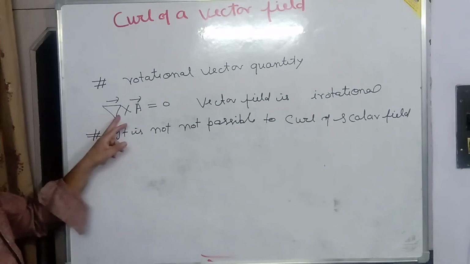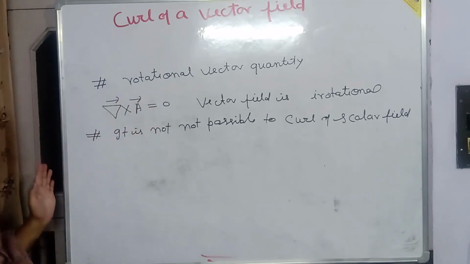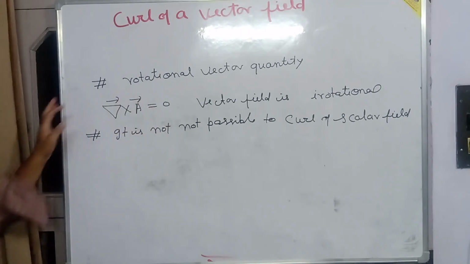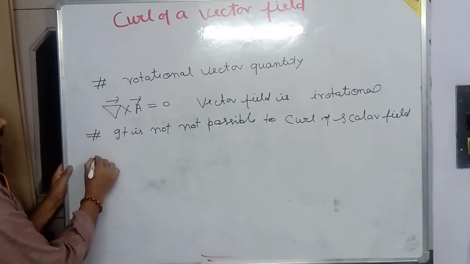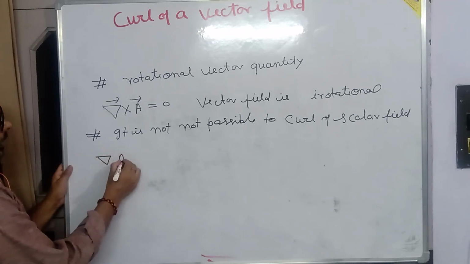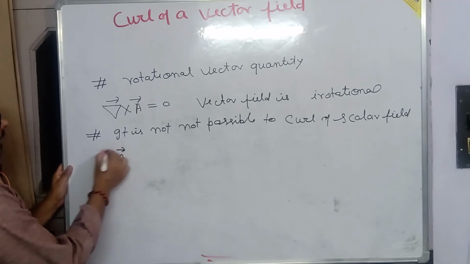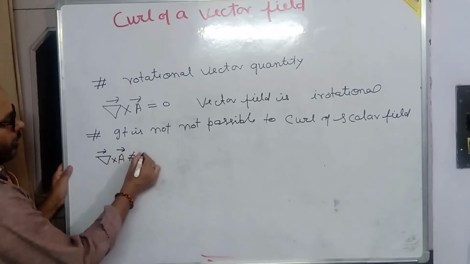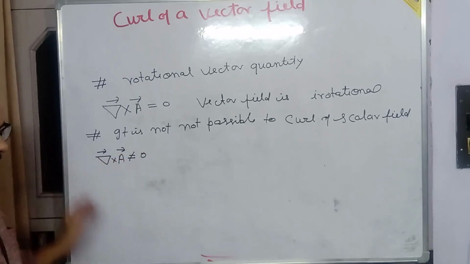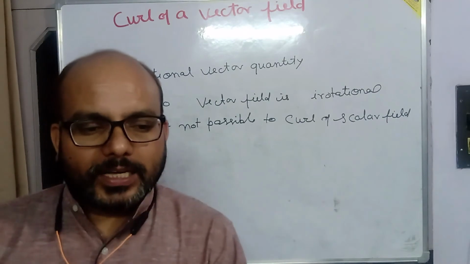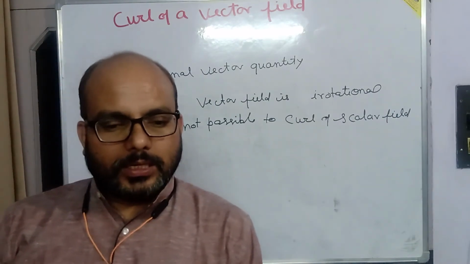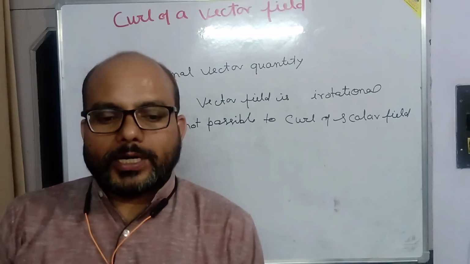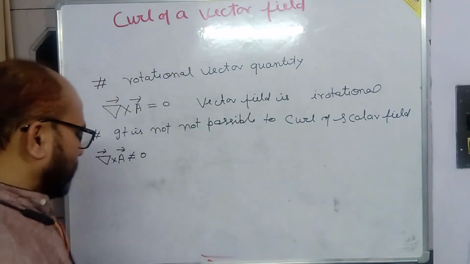So simply, if del cross A is equal to 0, that means the vector field is irrotational. If del cross A is not equal to 0, that means the area is oriented to make the net circulation maximum.